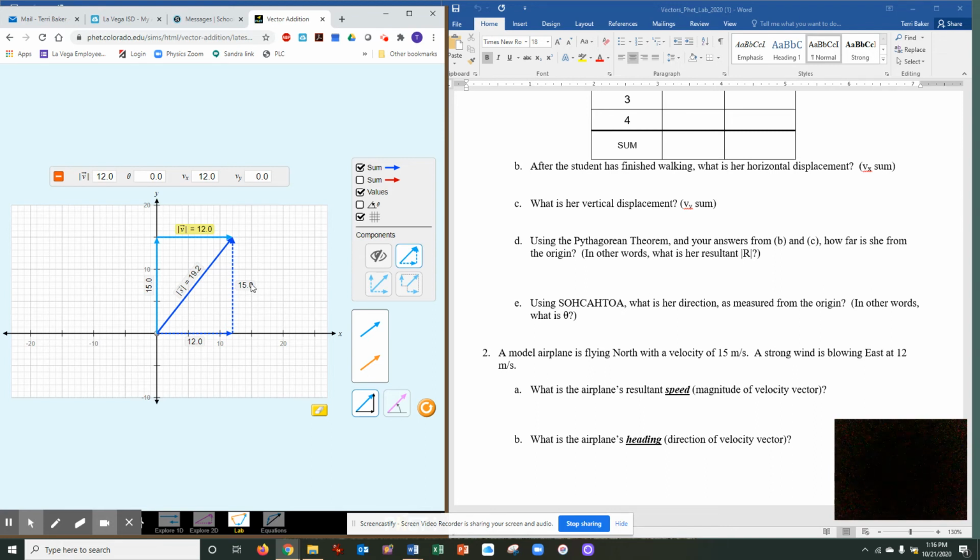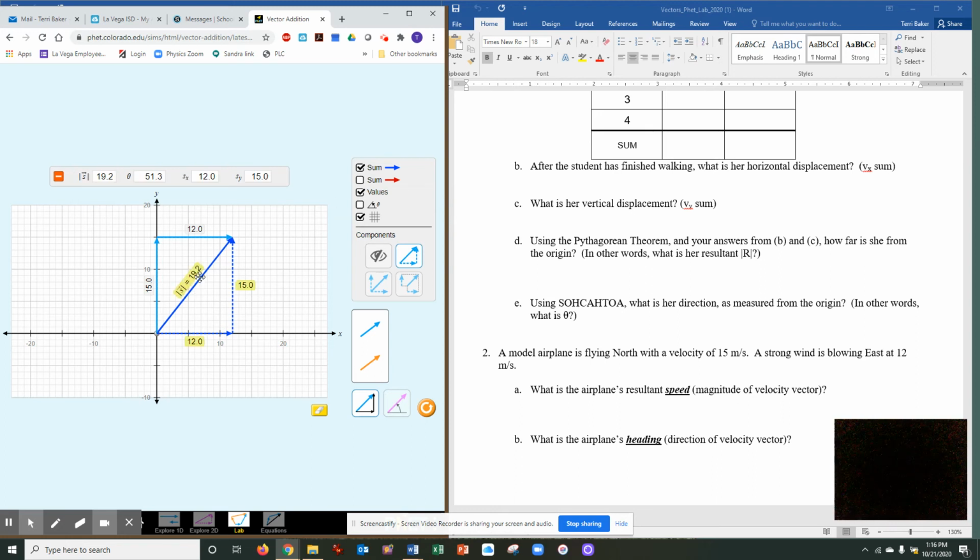So what is the airplane's resultant speed? When we plug in 12 and 15 into Pythagorean theorem, you should get an answer of 19.2. The heading is the direction.